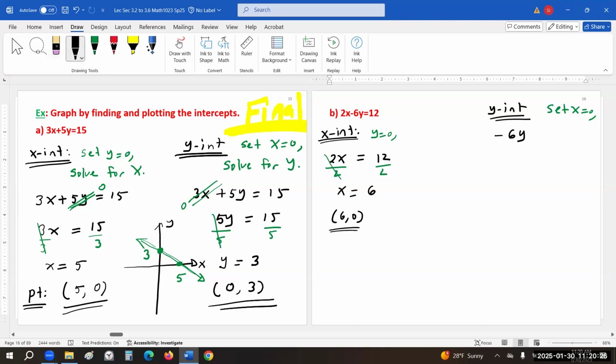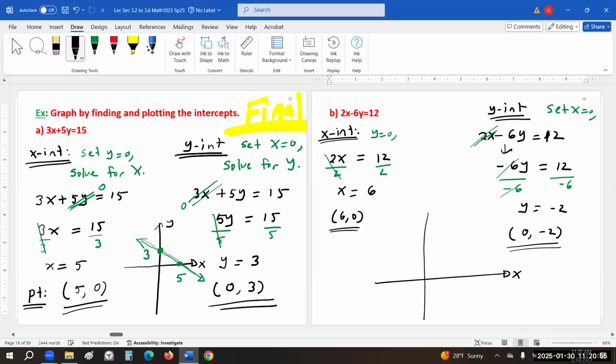Let me actually do this one from the beginning. So when x is 0, you are left with negative 6y. Divide by negative 6. Negative 2. Point 0, negative 2. Wonderful.